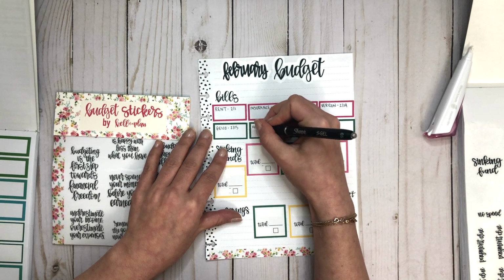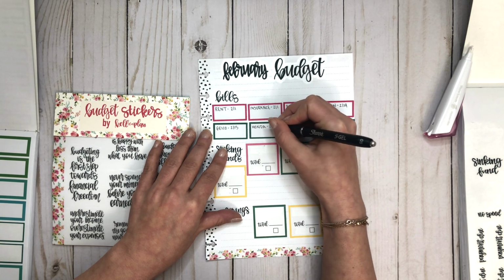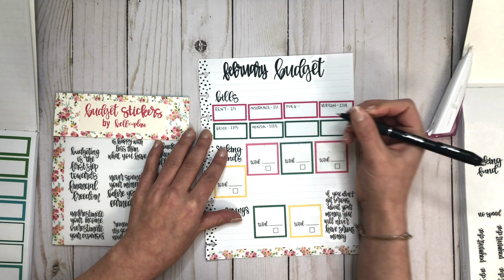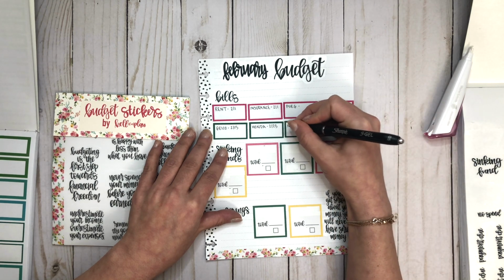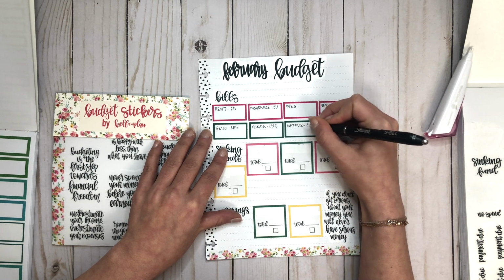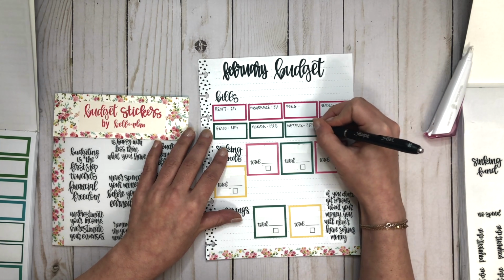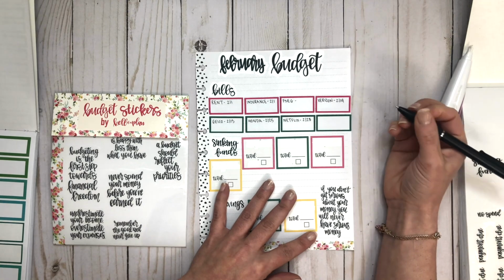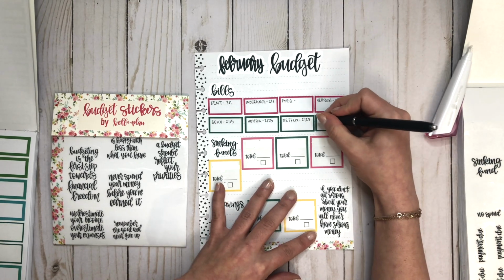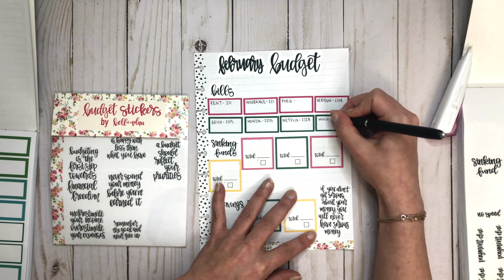My car lease, Netflix, is, well, it's normally the 30th, but there is no 30th in February, so it will be on the 28th. And Hulu is on, I think it's the 23rd. I know I didn't do these in order.